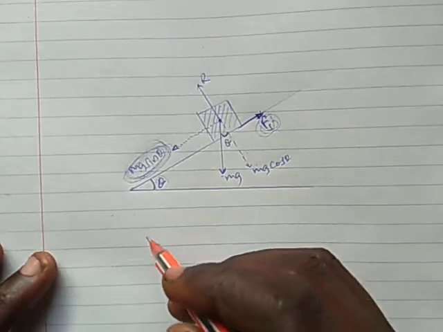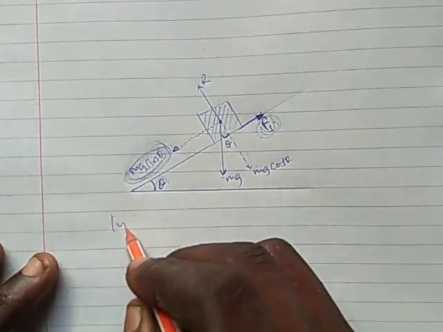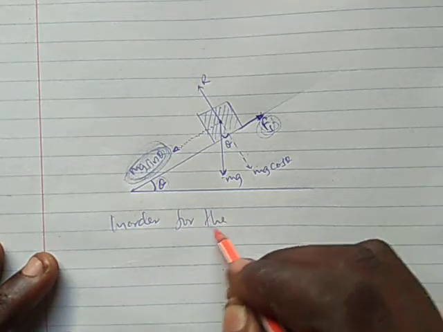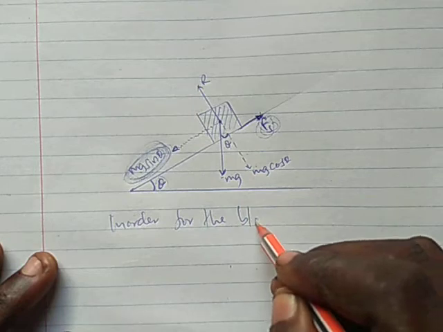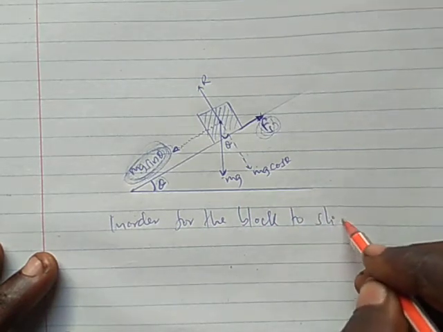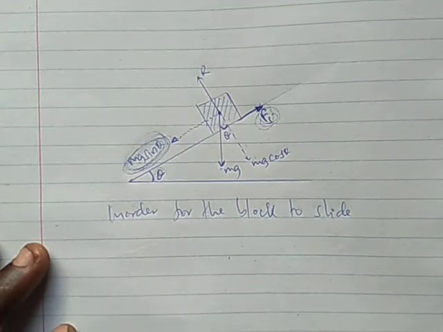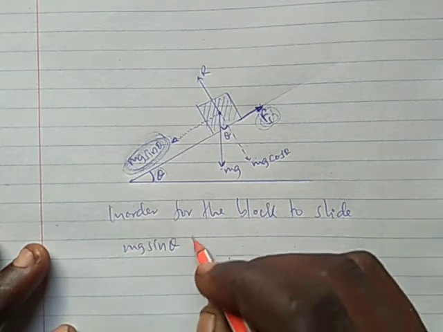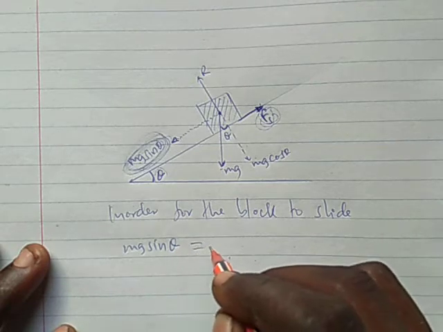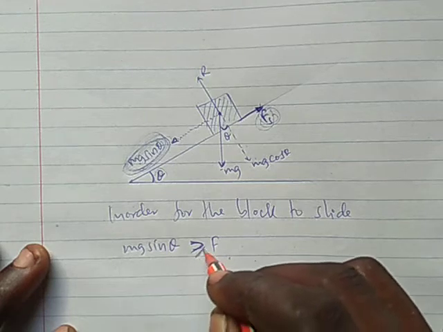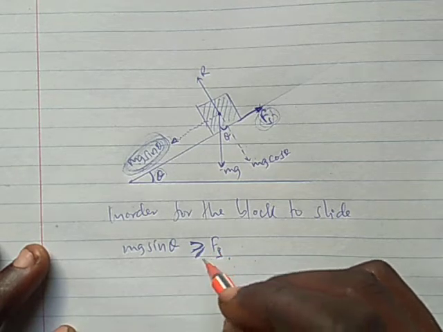Kwa hiyo in order for the block to slide, then mg sine of an angle theta inatakiwa iwe greater than or equal to fs.